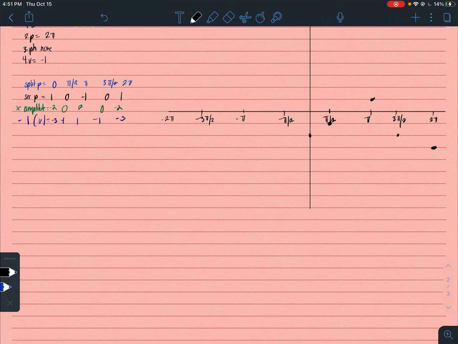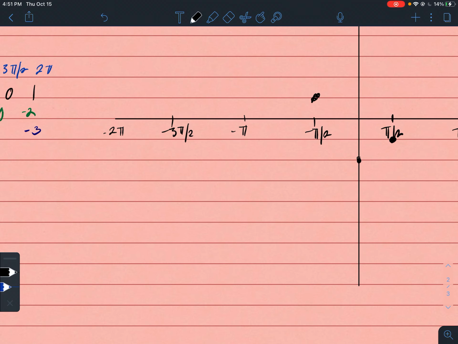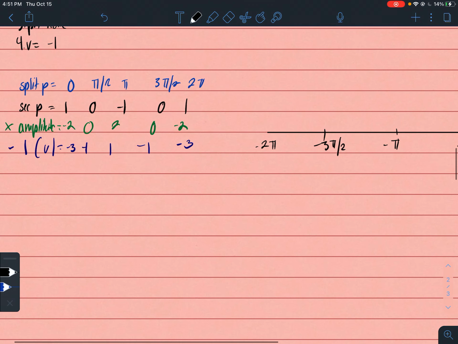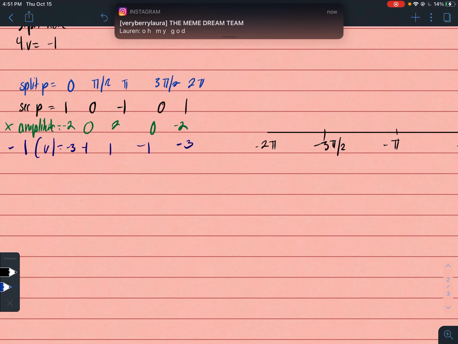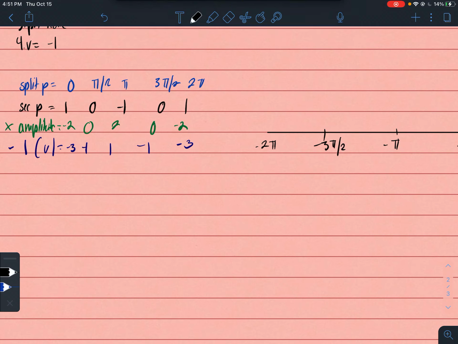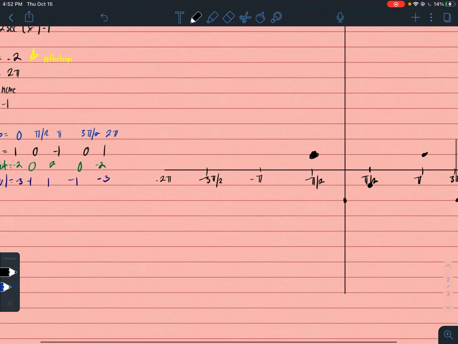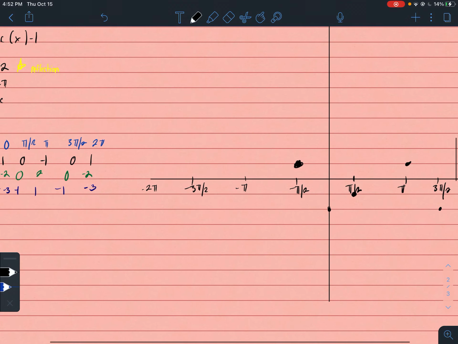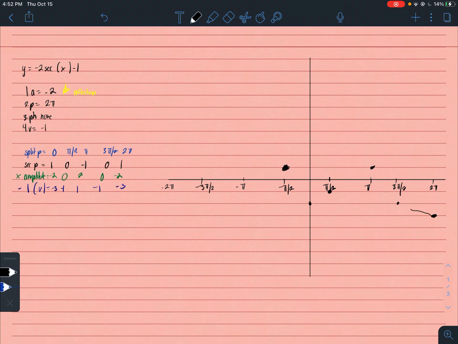And now you can do the same for the other side. Just keep in mind that it's a reflection. This is going to be poorly drawn again.